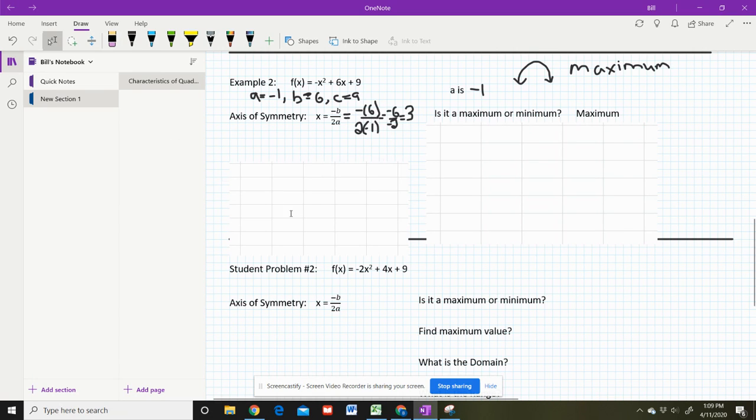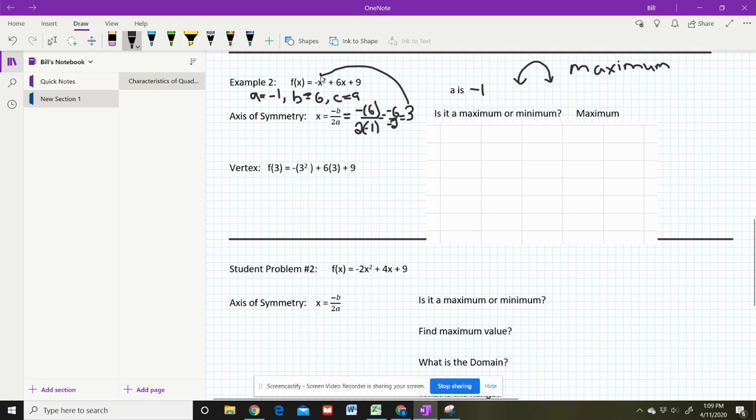When I do that, I'll end up subbing in my 3 for all my x values here. So in function notation, f of 3 is equal to negative 3 squared plus 6 times 3 plus 9. It's important that you remember to leave that negative outside the parentheses. First, we're going to square that number, then we're going to apply the negative that's there. So we end up with negative 9 plus 18 plus 9.